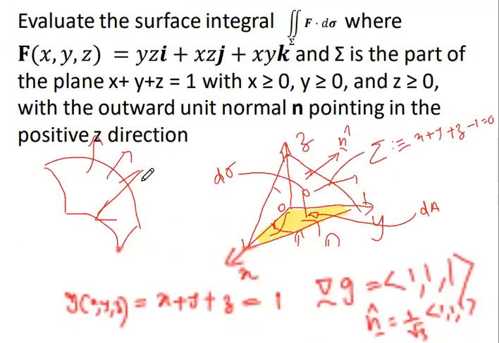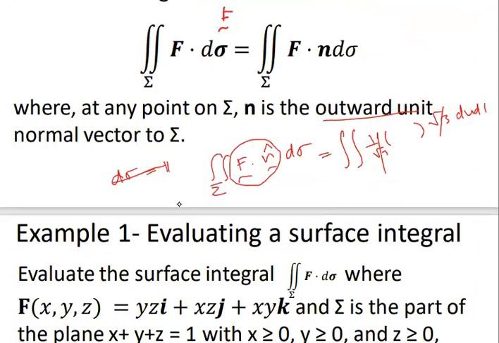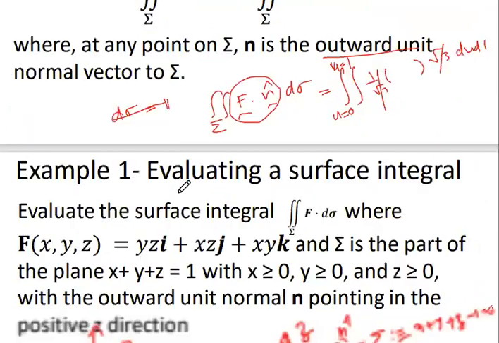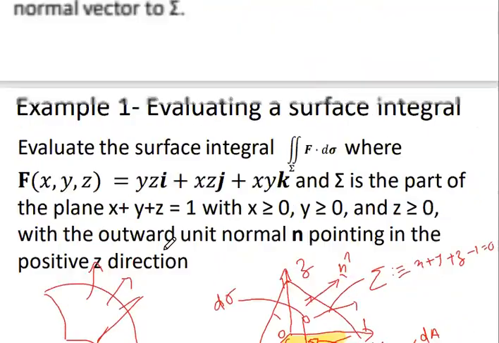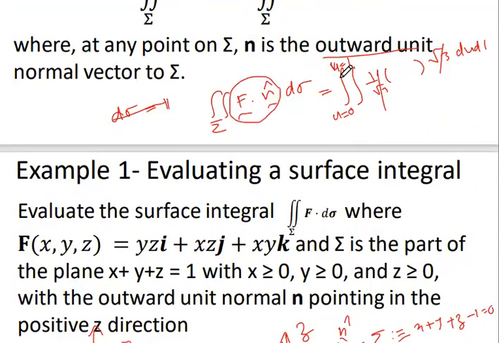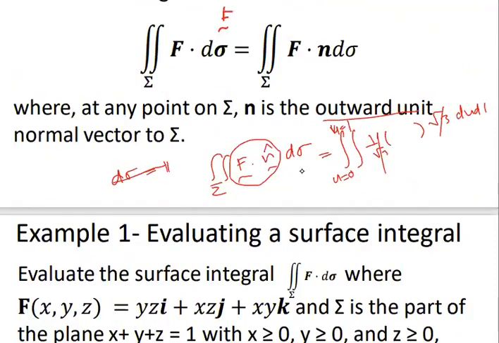So you know the limits of u and v. u is the independent variable, that's why it is the outside integral. v depends on u, so v varies from 0 to 1 minus u.